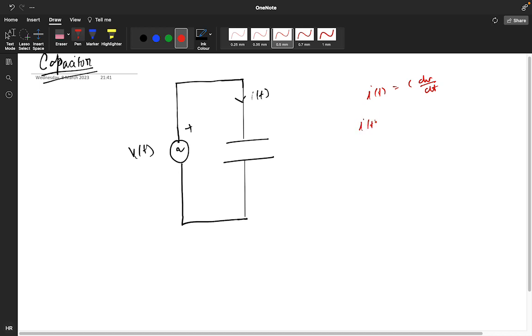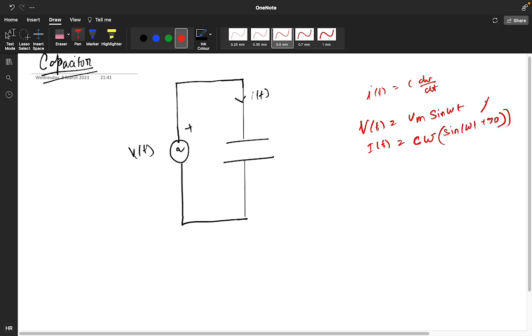So if we are taking V of t is equal to Vm sin omega t, then I of t will be C omega Vm sin omega t plus 90 degree.